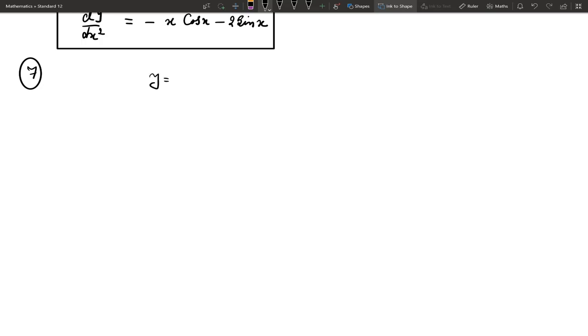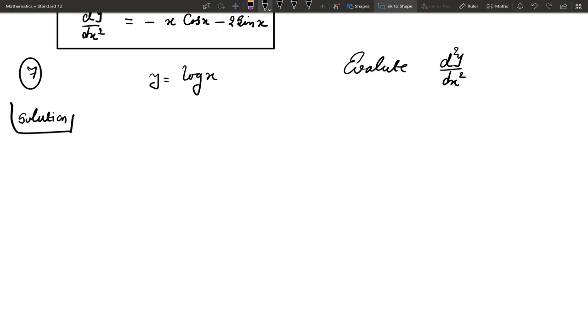Y equal to log x, evaluate second order derivative or d2y by dx2. Solution.